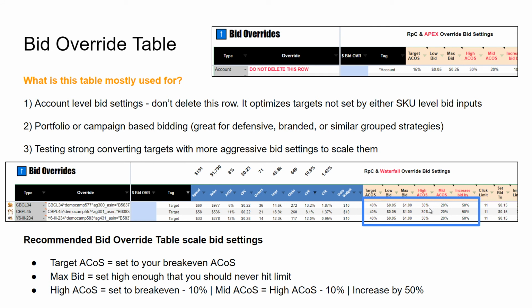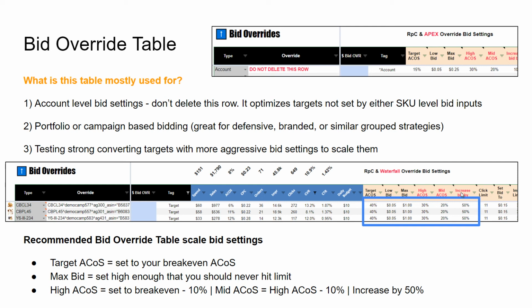And then the others are going to be these three in red, where your high ACoS, we recommend setting that to break even minus 10. So that's where your 40 minus 10 is. Mid ACoS is going to be just 10% less than that. And then the increase, we're actually going to increase in this case by 50%. So that's going to say anything that's between 0 ACoS and 20%, we're actually going to allow that to bounce up by 2 times.